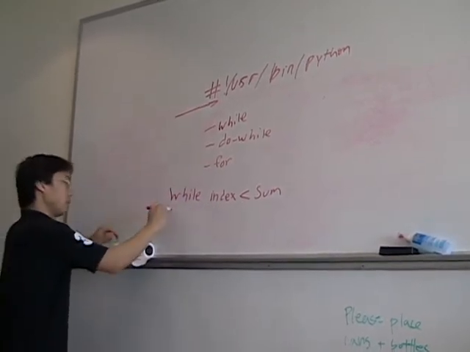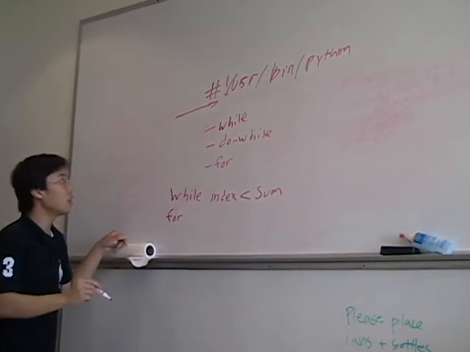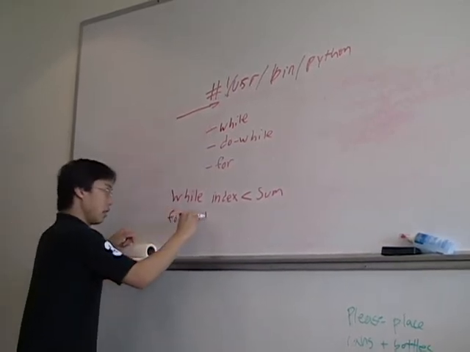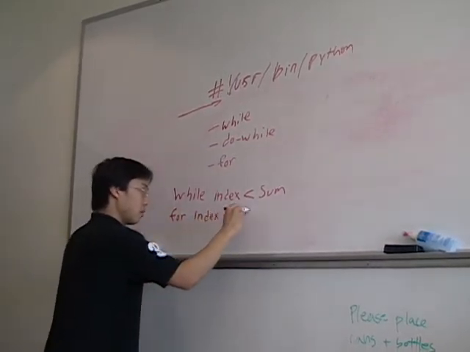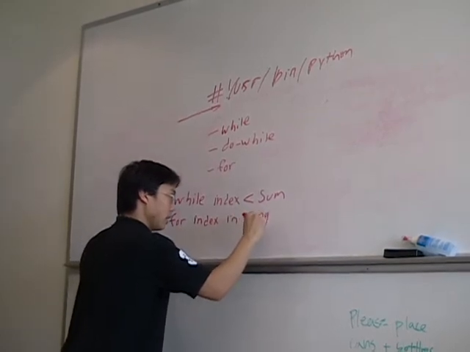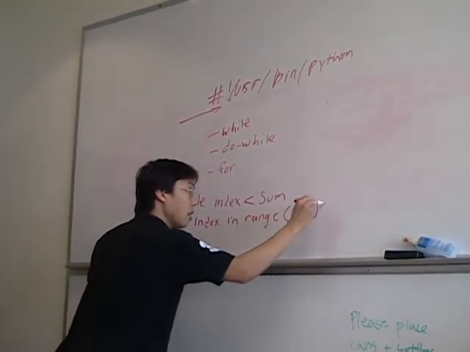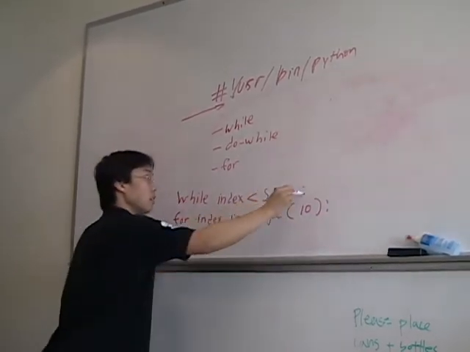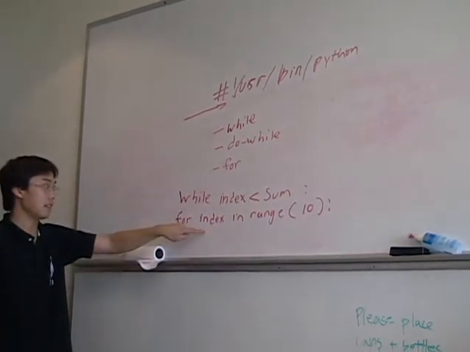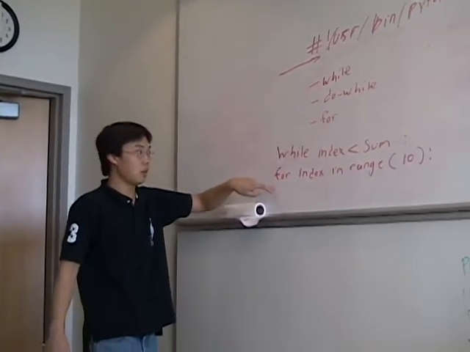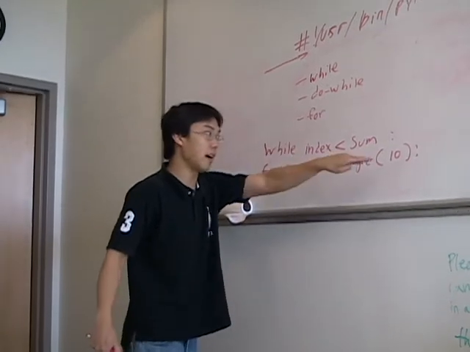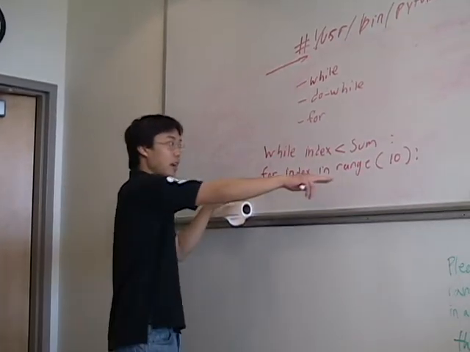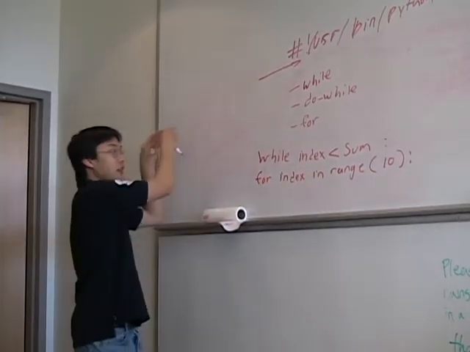But for a for loop, you can do index in range 10. That means you know that this loop will stop once it reaches 9. Because remember, it's range. Remember, we're starting from 0.